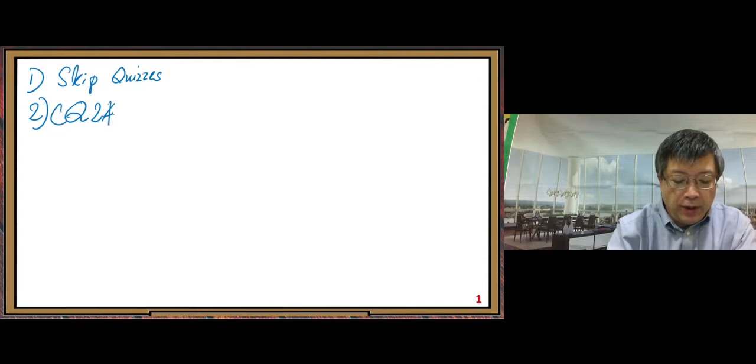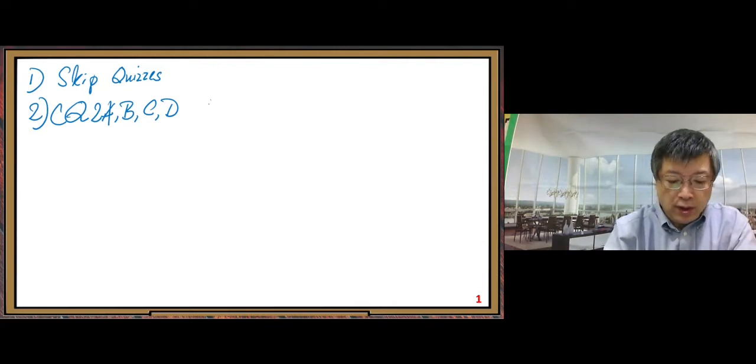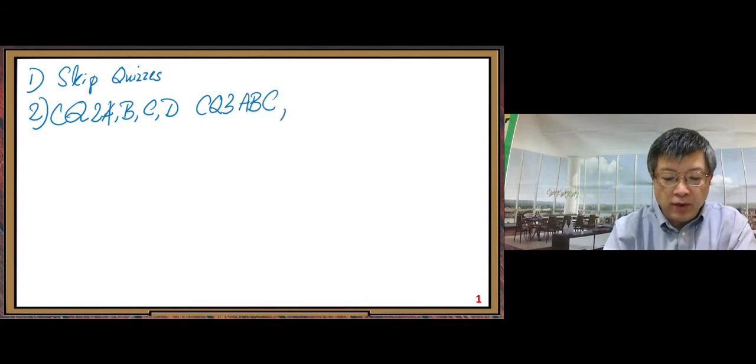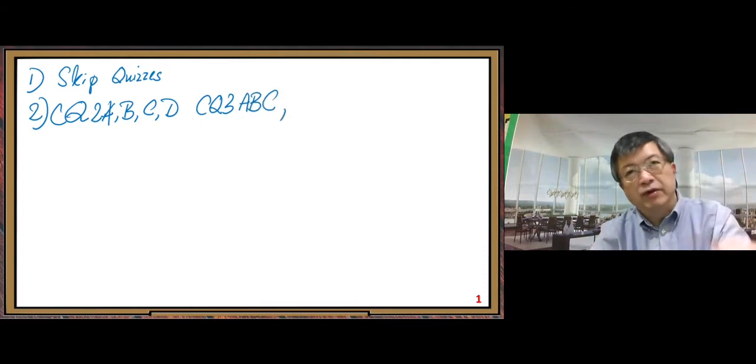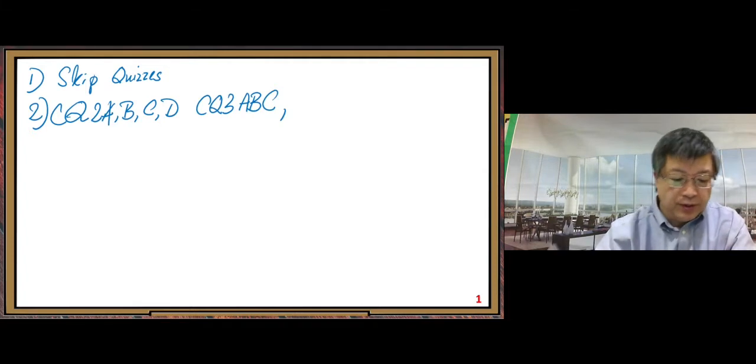CQ2, A, B, C, D, already 4, and CQ3, so we combine A, B, C together as one file. So we have 5 sets of questions. I will talk about those questions soon.